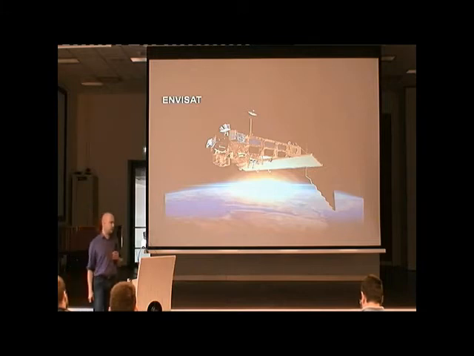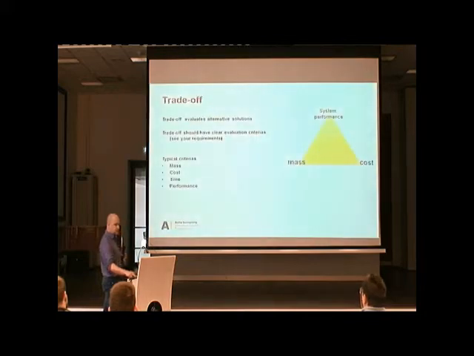And that's why nowadays, what we're trying to do is build smaller satellites, smaller instruments, to avoid this kind of contradicting requirements which are driving your mission so complicated that it drives the cost very high.